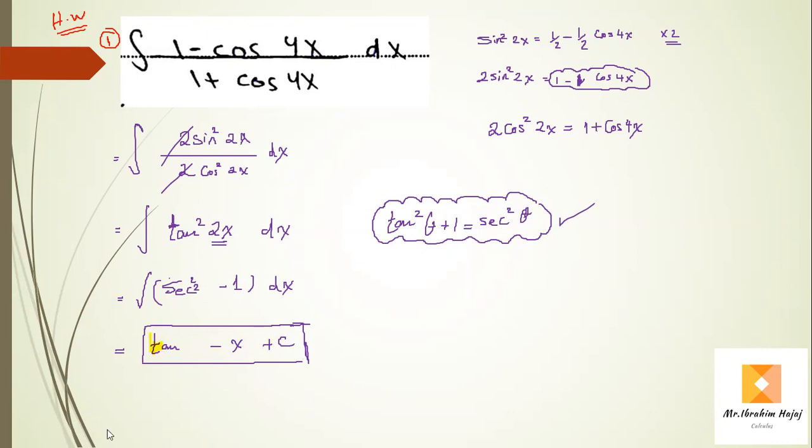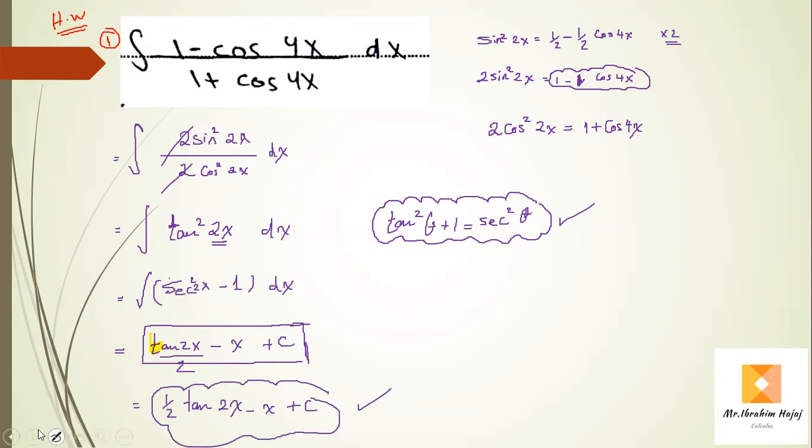Okay. It's 2x here, and above it was 2x, so you make it over 2, because now over what? Correct, over 2. So it's 1/2. Thank you. Tan 2x over 2 minus x plus c. So alhamdulillah that you are back. Okay, guys, here's the final answer. It's 1/2 because it's tan squared theta only.